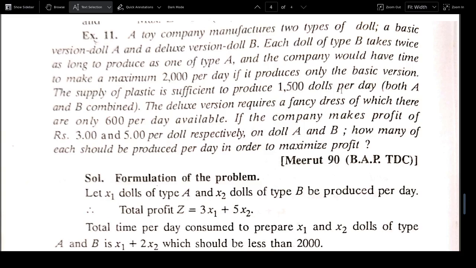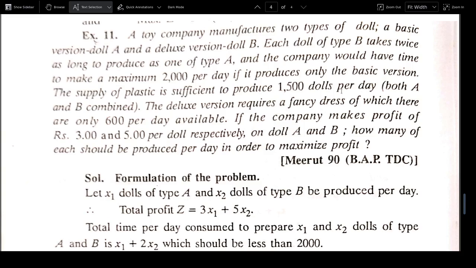A toy company manufactures two types of doll, a basic version doll A and a deluxe version doll B. Each doll of type B takes twice as long to produce as one of type A, and the company would have time to make a maximum of 2,000 per day if it produces only the basic version.